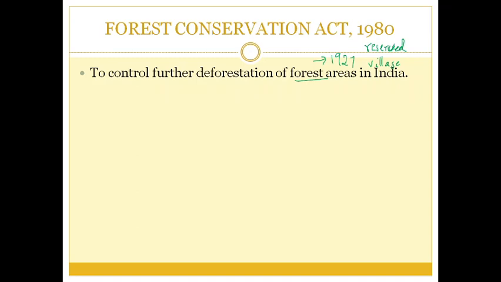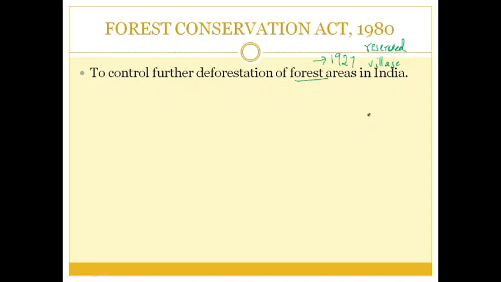But all these regulations existing until then, even the 1927 Act or the National Policy on the Forest that came in 1952, all these acts and policies were seeing forest simply as a resource and defining forest in terms of the values that we get from forest, like timber or other values.